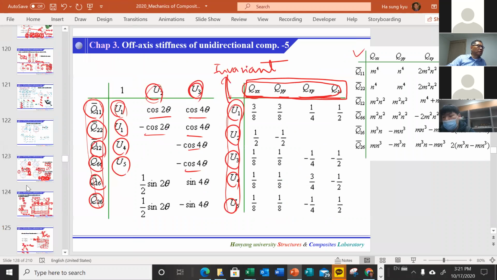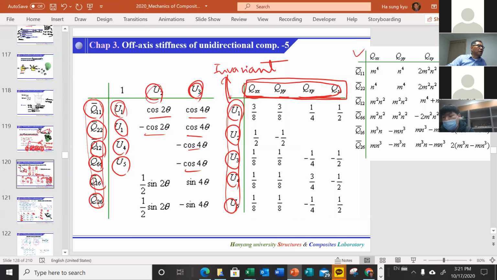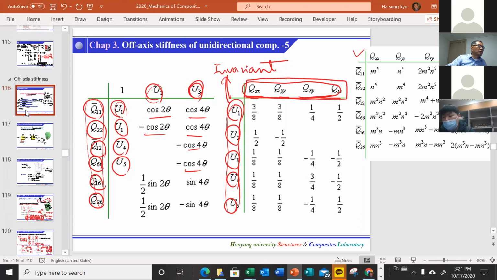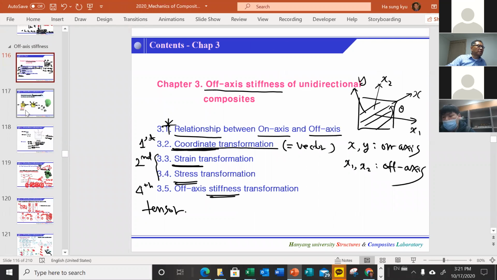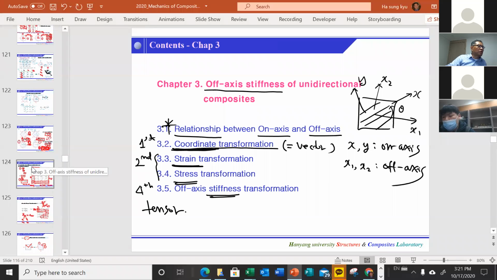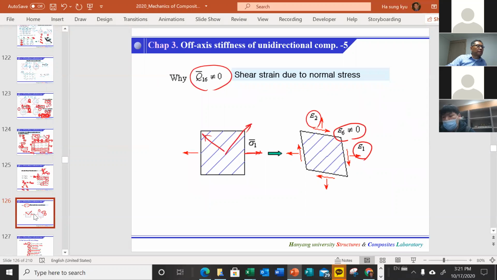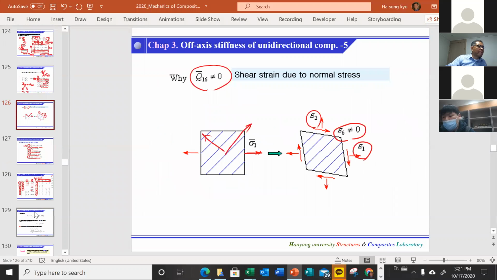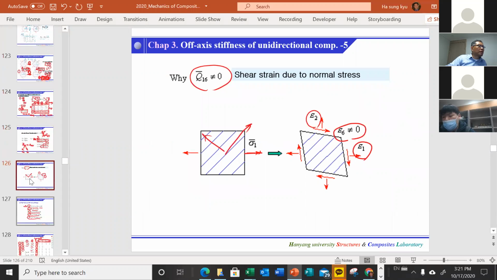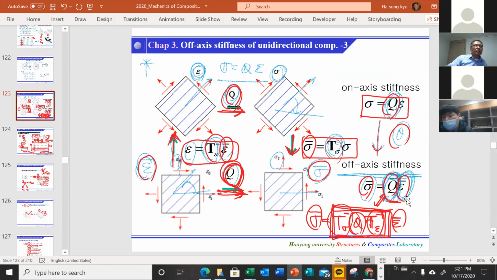But most importantly, what you need to understand is that the purpose of this section is to calculate this off-axis stiffness.